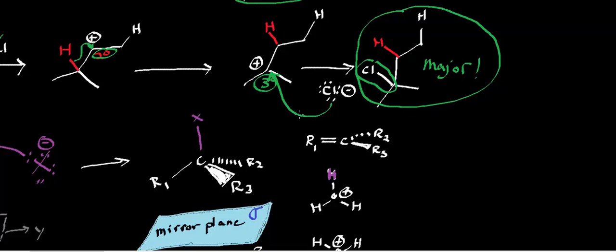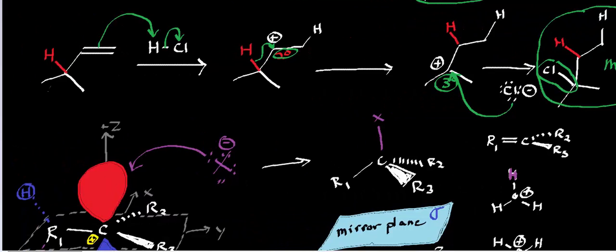If something adds in an anti fashion or it adds specifically in a syn fashion, which we discussed in a previous video, then we would say it is stereoselective. However, because this reaction, as we'll see, does not add specifically syn or anti, it can actually do either, it is not stereoselective.